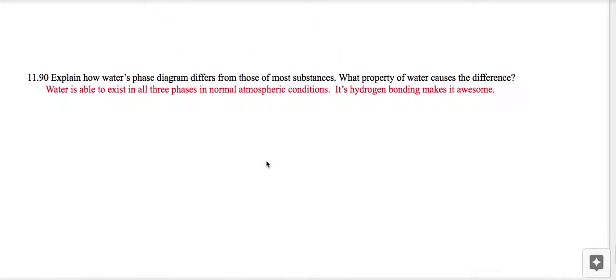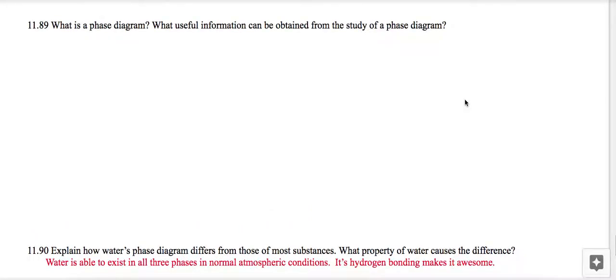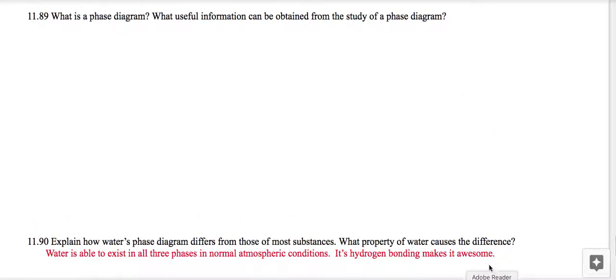Phase diagrams. I don't have an example of one here. Let me see if I can draw one. So it's going to look something like this.